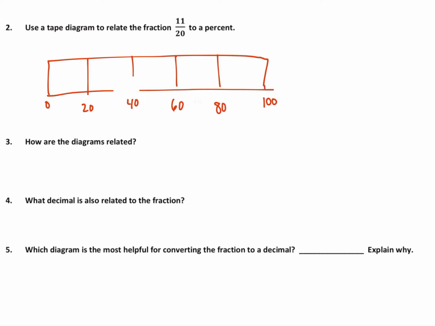But I only have 11 out of that 20. So I'd have 22 out of 40, 33 out of 60, 44 out of 80, and 55 out of 100. So this would be my percent.